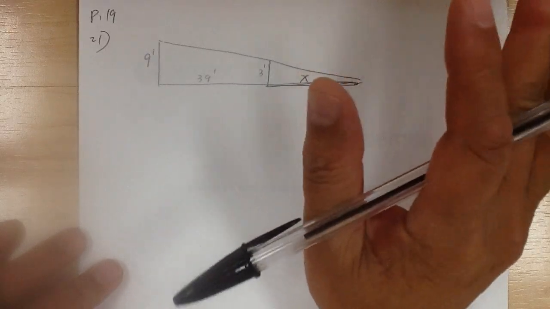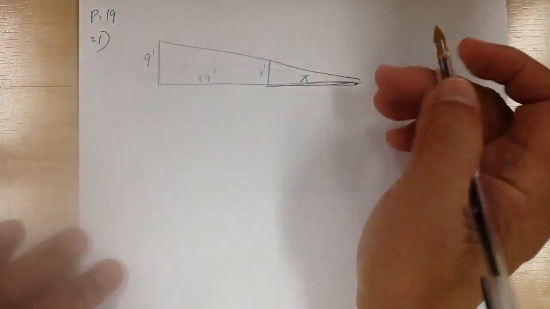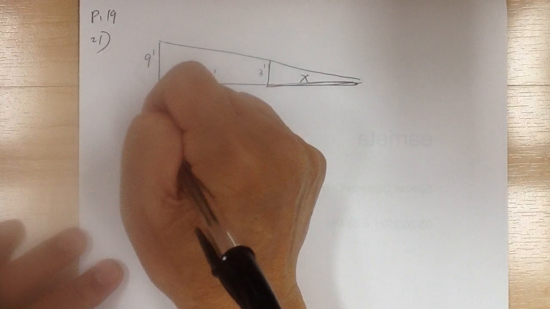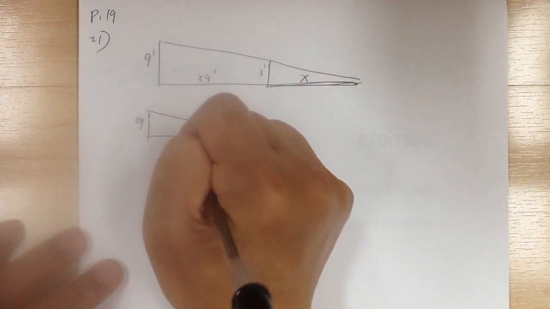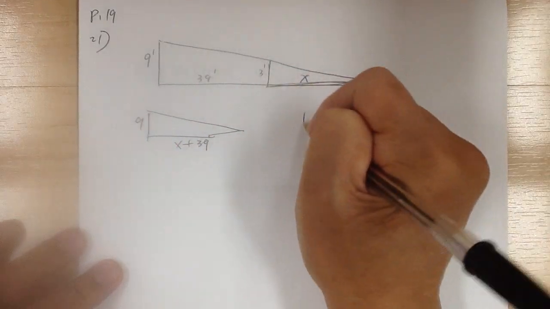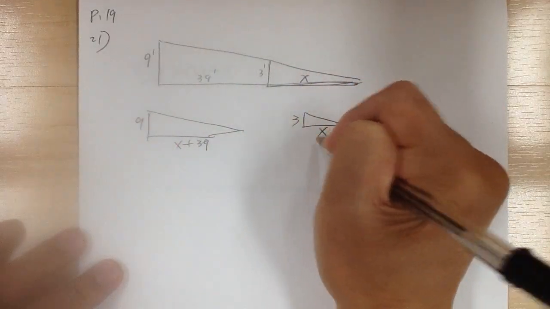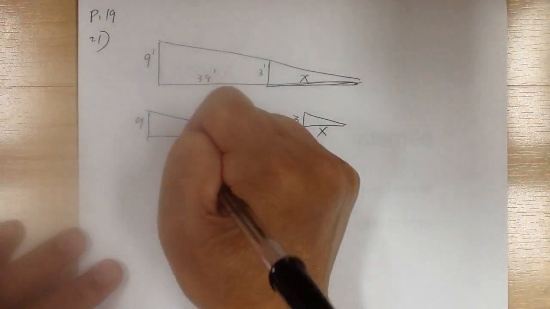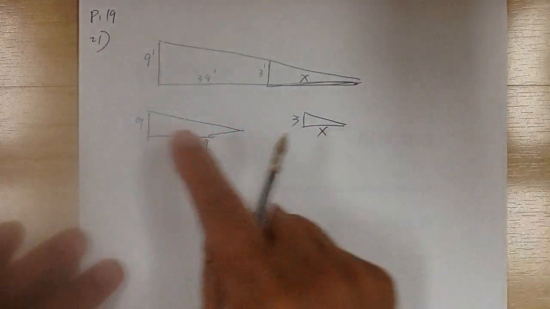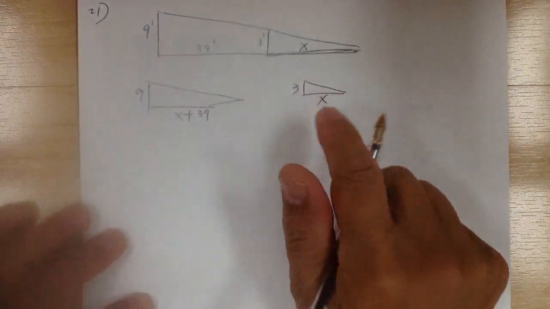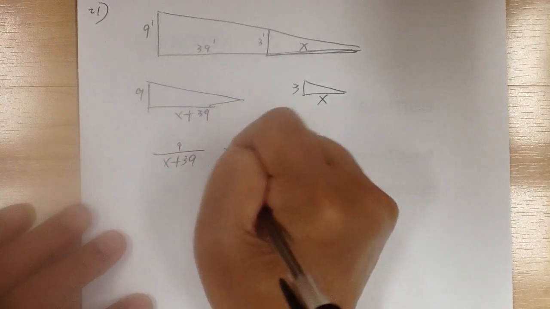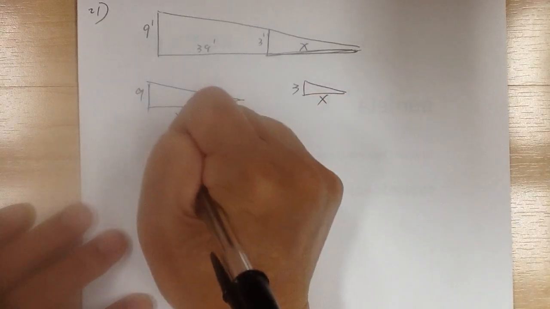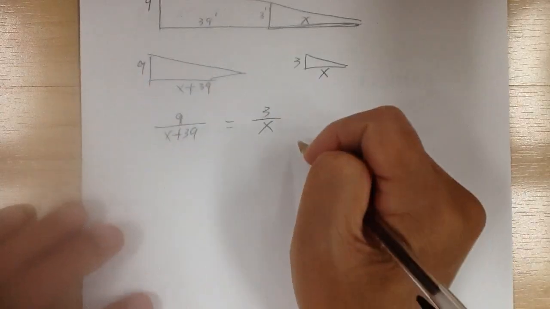We're going to separate this into two triangles. The one triangle would be 9, and it would be x plus 39. The smaller triangle would be 3, and it would be x. So I'm going to use this over this equals this over this. So 9 over x plus 39 equals 3 over x. I'm going to do the cross multiplication.